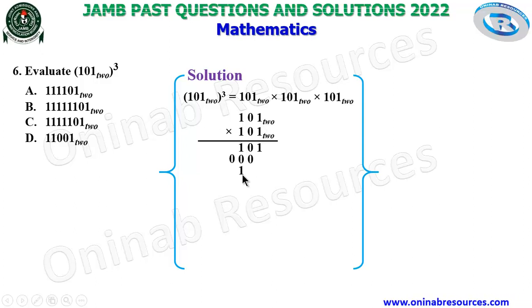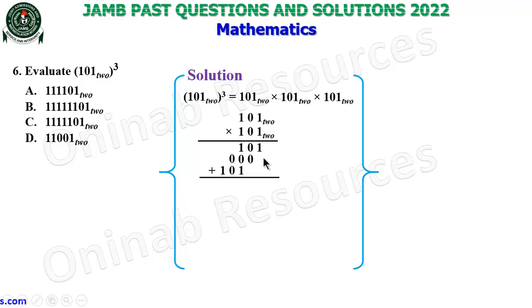It is recorded under the 1. 1 times 0, 0. 1 times 1 gives 1. We then add them up. So this is going to give us 1. This is 0. 1 plus 1 is 2. We can't have 2 as a digit in base 2. So what we'll do is to divide the 2 by 2.